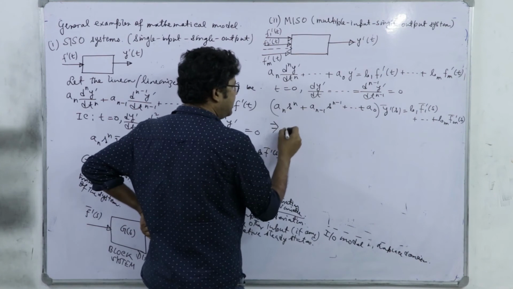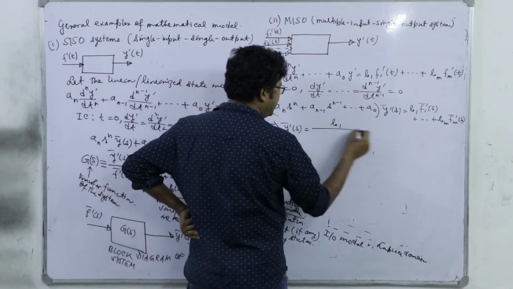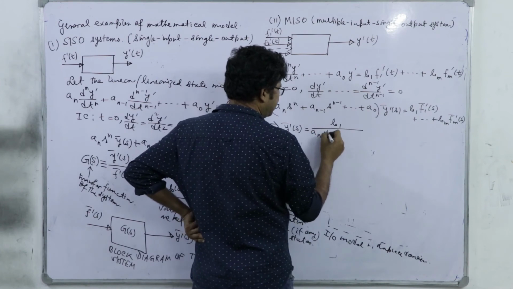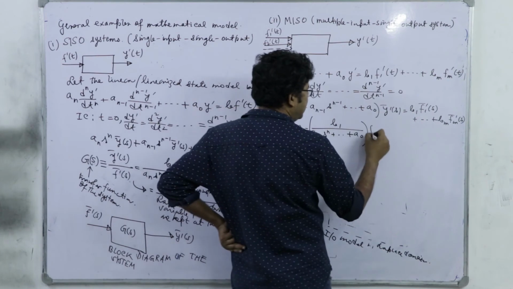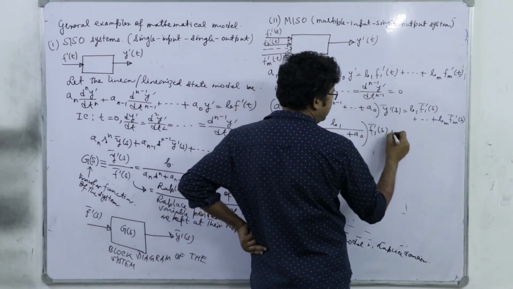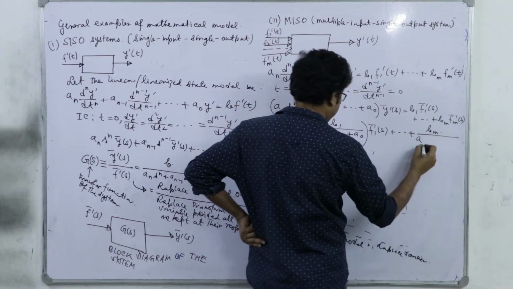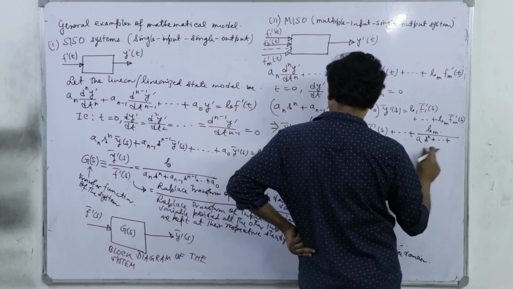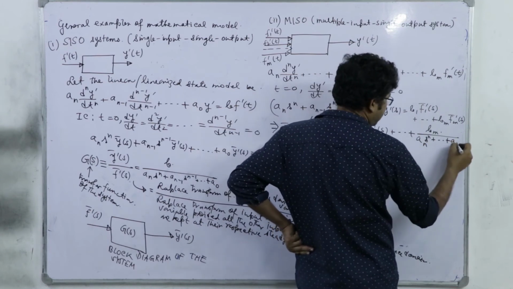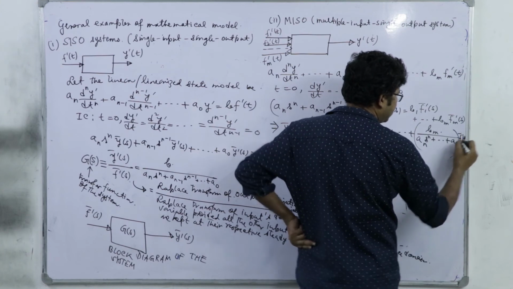So essentially we have y prime bar s equal to b1 divided by a n s to the power n plus a 0 into f1 prime bar s, plus bm divided by a n s to the power n plus a 0 into fm prime bar s.